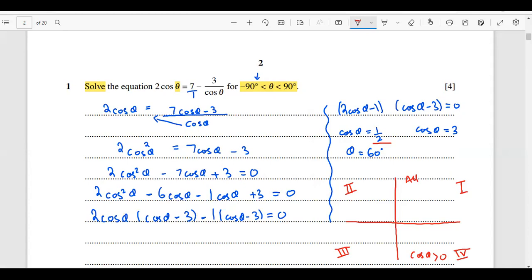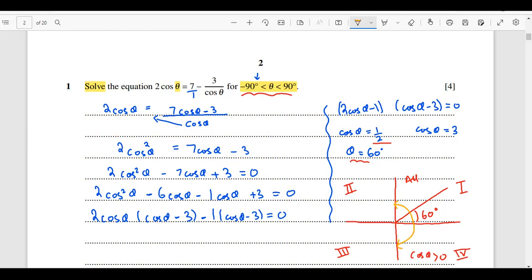The theta is 60 degrees. So the angle in the first quadrant is 60 degrees. And if you look, the range says minus 90 degrees and 90 degrees, so this thing is included in the range.